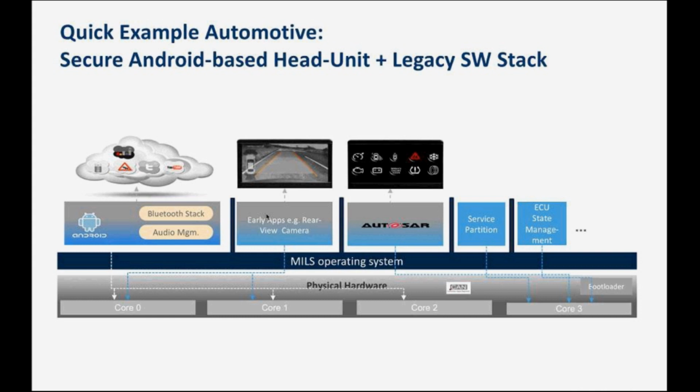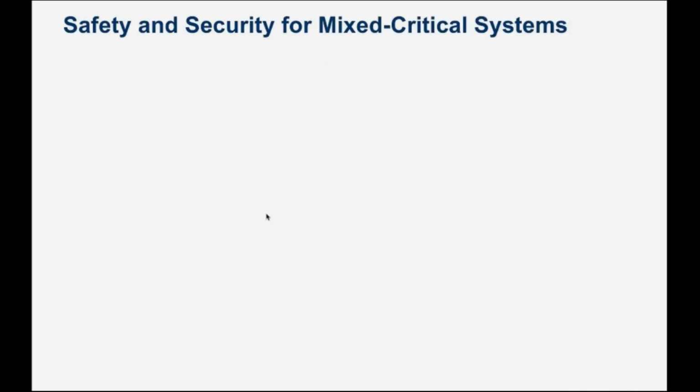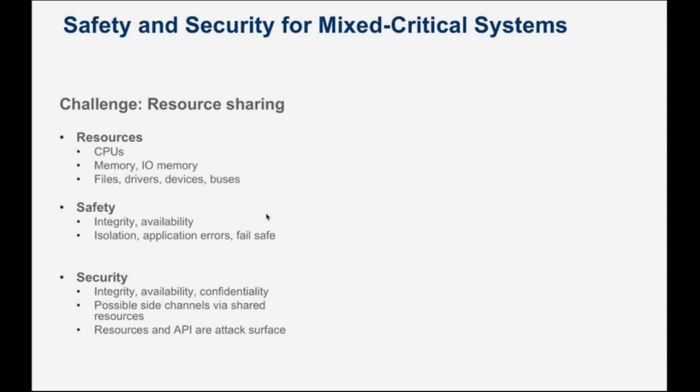With this heterogeneous setup, we have the following challenges. First of all, we need to somehow share the resources. We have CPUs, we have memory, we have I/O devices, and everybody wants a part of that. So we need some application that is able to control and allow sharing of the resources. So we need some kind of resource partitioning.